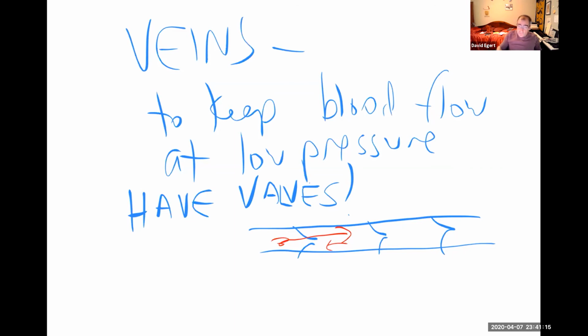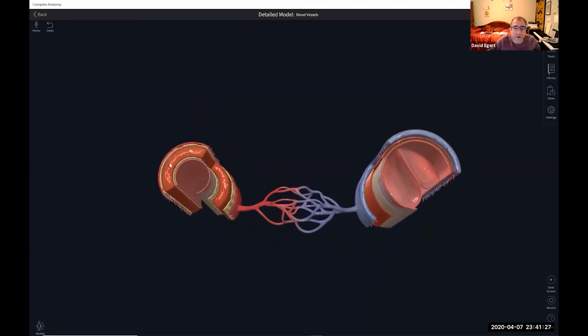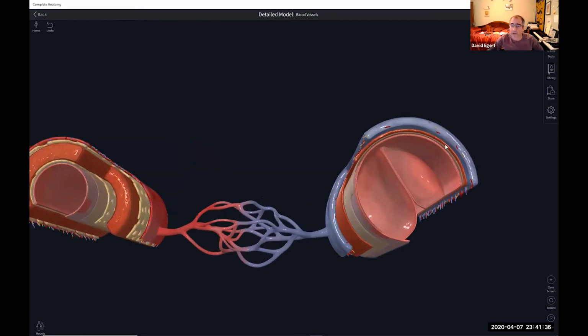So I was just showing you that picture a second ago. If you look here, the artery has thick walls, thick tunica media, lots of smooth muscle. The vein does not have much smooth muscle at all, because it doesn't need that much strength to counteract the very low pressure.